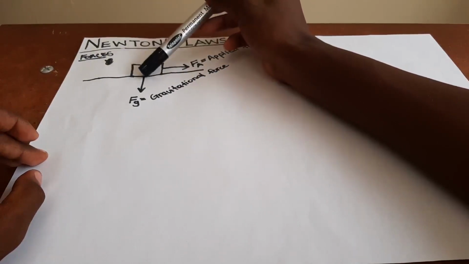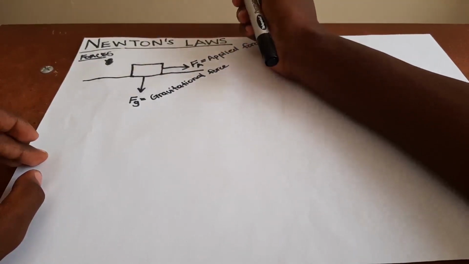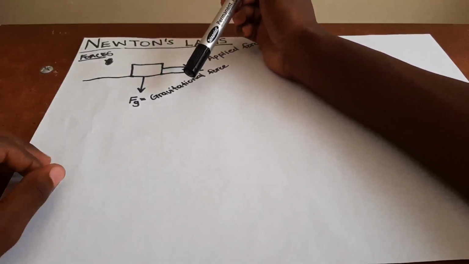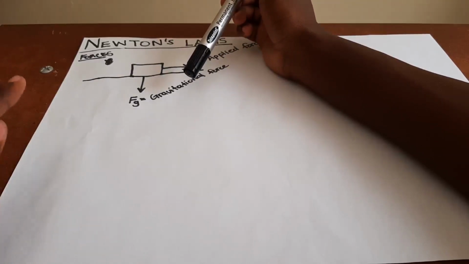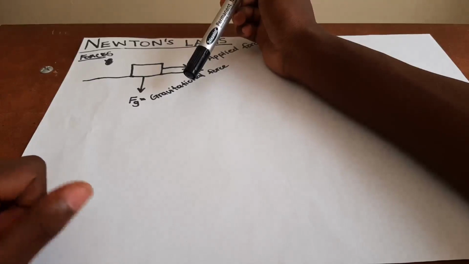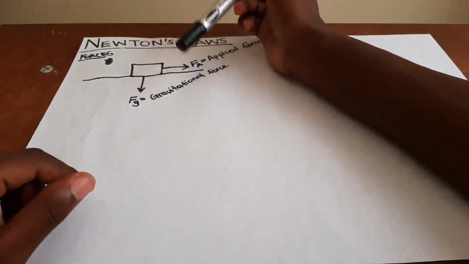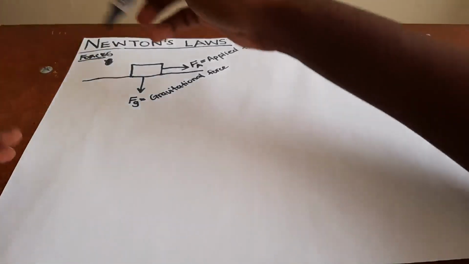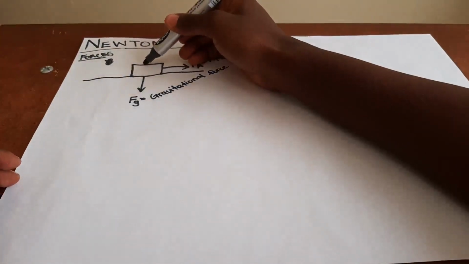does this object not sink underground, or change shape, meaning that it doesn't get squashed? It's because there's also a force that causes balance here, which is called the normal force, which acts perpendicular from the ground or from the surface.